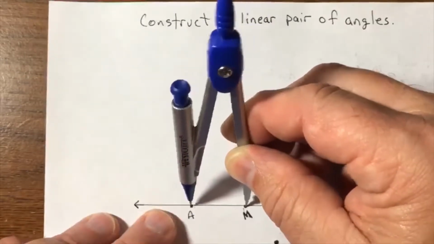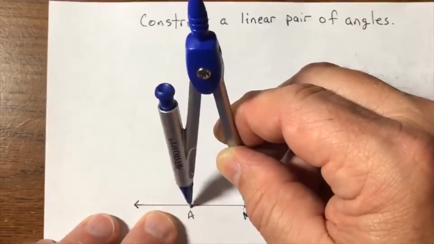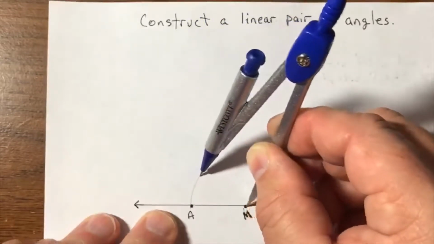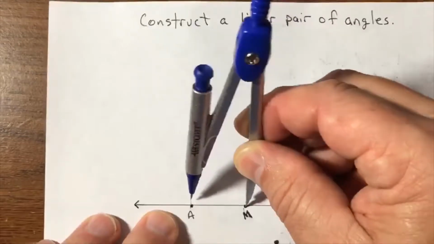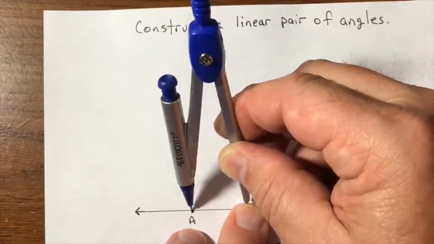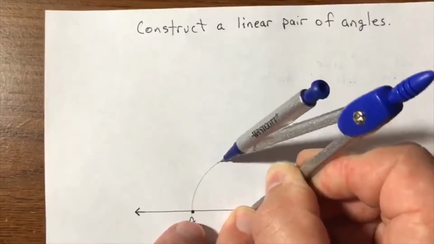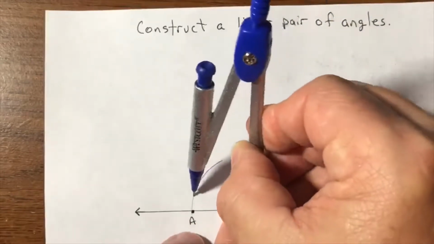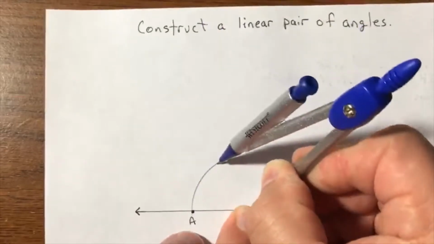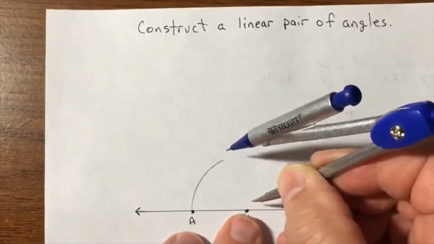Maybe off a little bit. Okay, so go ahead and mark an arc. It moved on me here. Let me put my finger there, mark that arc approximately. That looks like about 60 degrees there. You should get comfortable with what 60 degrees looks like. Alright, so there we go.